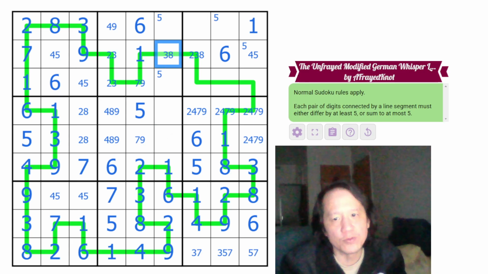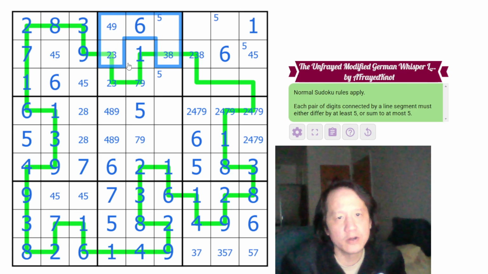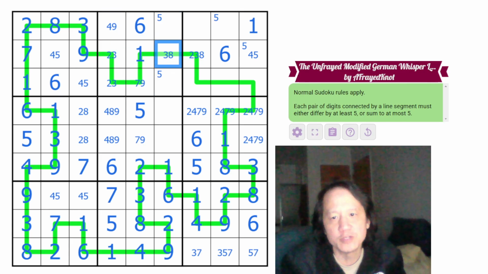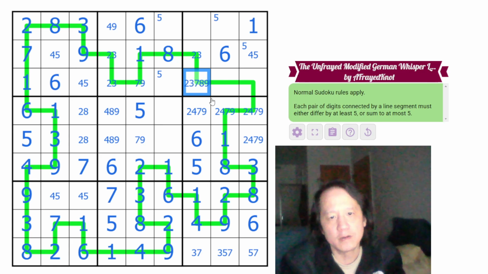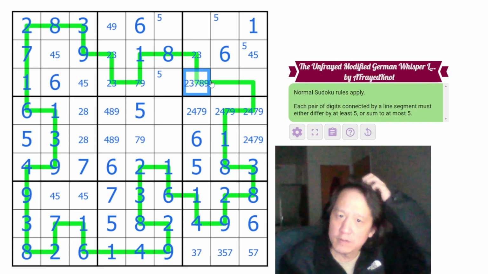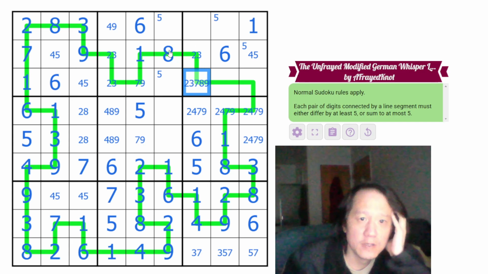This can't be 3 because of the 2, 3, 2, 3 pair in box 2. Therefore, this must be an 8, which means it must be with a 2 or 3 here. The 2 or 3 can only be with another 2 or 3, or it could be with 7, 8, or 9. Okay, that's fine. This is 8.